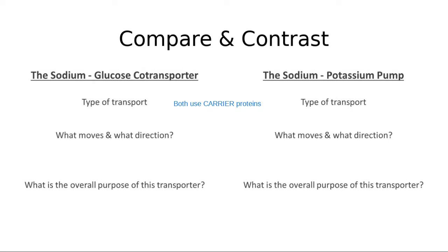Okay, so we can work through it really fast here. Sodium glucose cotransporter and the sodium potassium pump, both of these are examples of active transport, but they're both specific kinds of active transport.